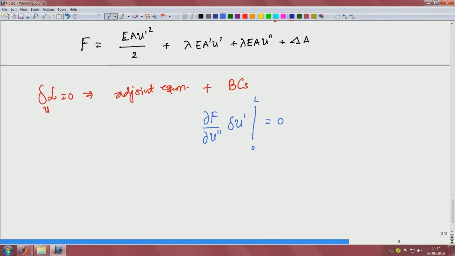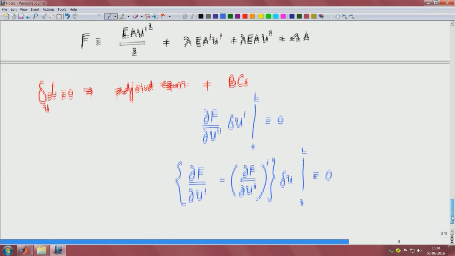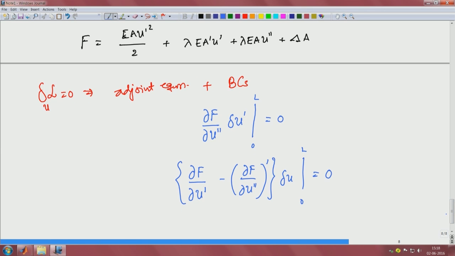And we have the next one, which is ∂f/∂u' minus (∂f/∂u'')', this whole thing times δu at either end should be equal to 0. There are two sets of boundary conditions, two boundary conditions. I say sets because they have to be valid at x equal to 0 as well as x equal to L. Okay. Now, let us write them down by looking at this f there.